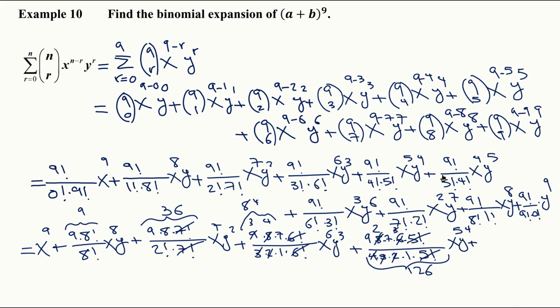plus. Now we just figured out what this is, because 4 factorial times 5 factorial is the same as 5 factorial times 4 factorial. So that's going to be 126 again. So we won't repeat what we just did. So that's just going to be 126 x to the 4 y to the 5 plus, we are here, which we've already computed. What is this one? 84.